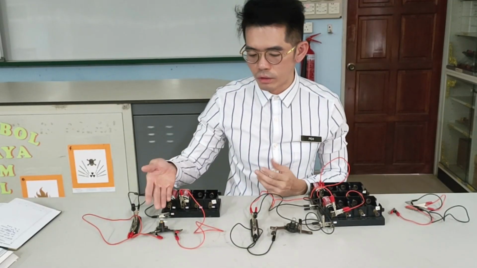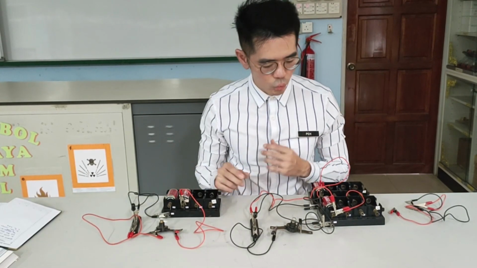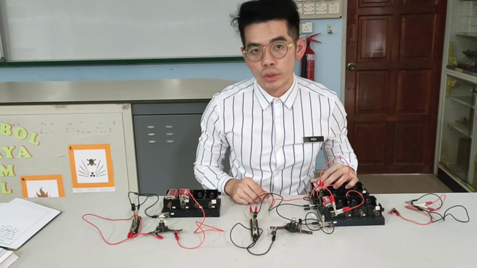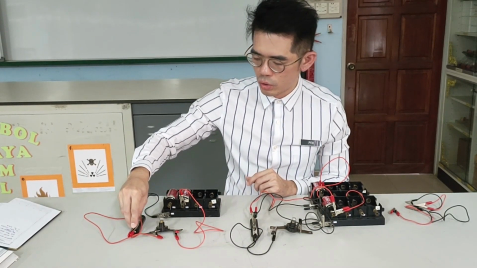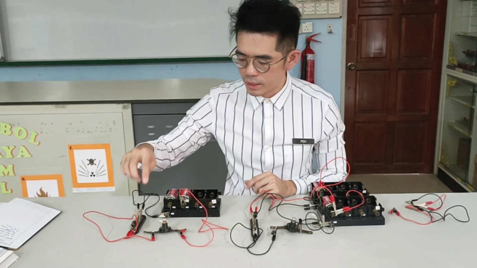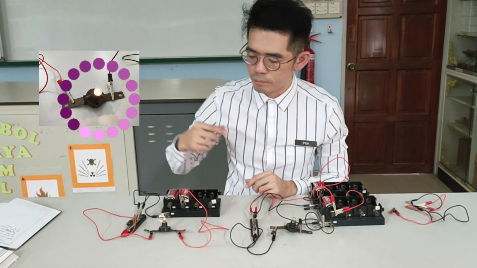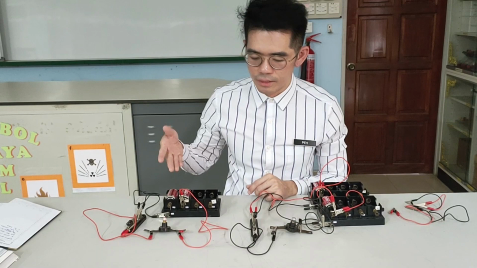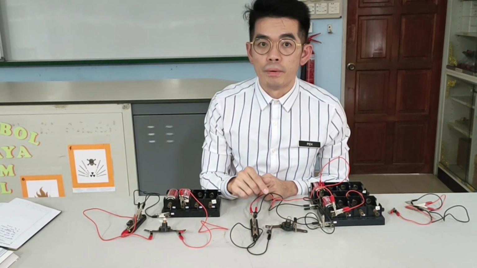Now let us compare the brightness of the bulb for the dry cells connected in series with the dry cells connected in parallel. You must close your switch. You can see the bulb lights up for the series circuit. Now we want to compare the brightness of the bulb for the parallel circuit.